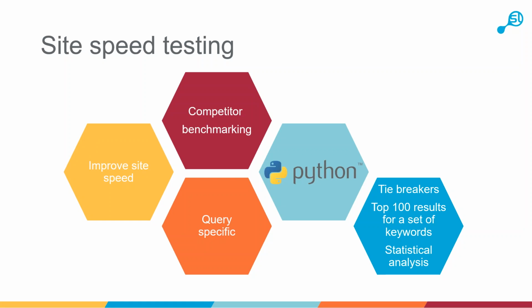We can get the first 100 results for a set of keywords, understand each of the competitive spaces for each of the search engine results pages, and perform basic statistical analysis to understand, are we in that bottom 20% or are we in the middle or are we at the top, and really understand whether that recommendation is a priority to start with across all other technical SEO recommendations, or is this something that we can park and address, or maybe just treat it as a year-long project where you delegate a certain amount of your budget to site speed rather than just treat it in one big go.